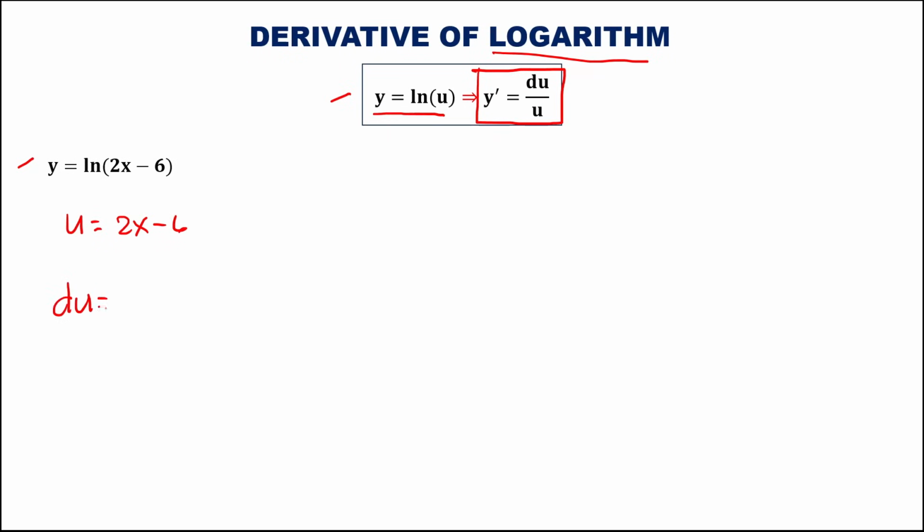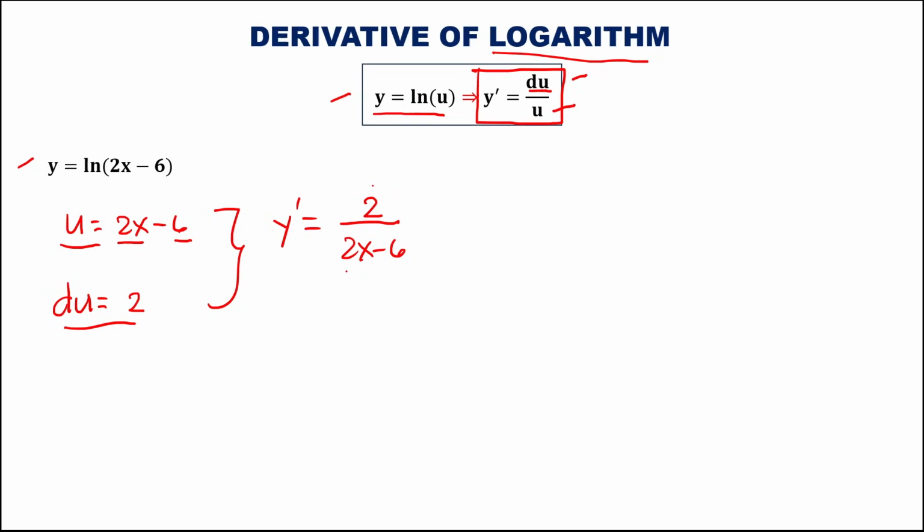Then for the derivative of u, the derivative of 2x is 2 and the derivative of a constant is 0. So du is equal to 2. Then to find the derivative using this formula, the numerator is the derivative of u, so this is 2, then over u, and u is equal to 2x minus 6.